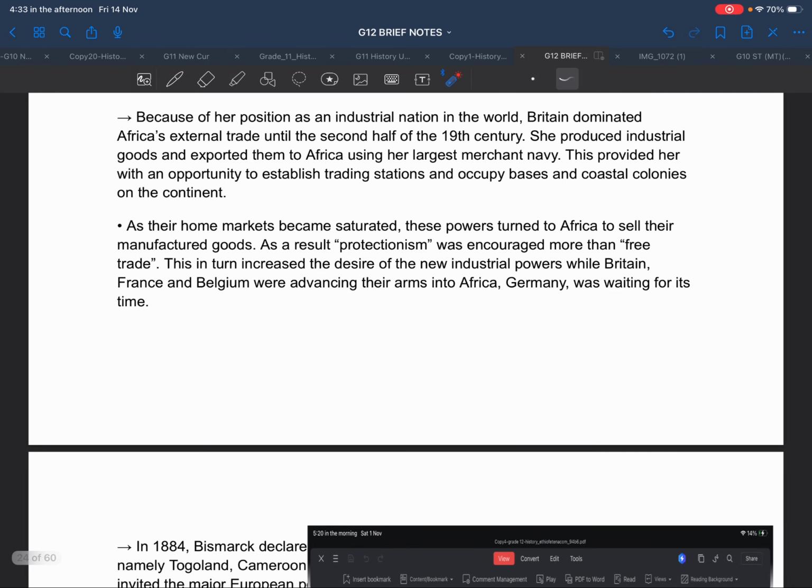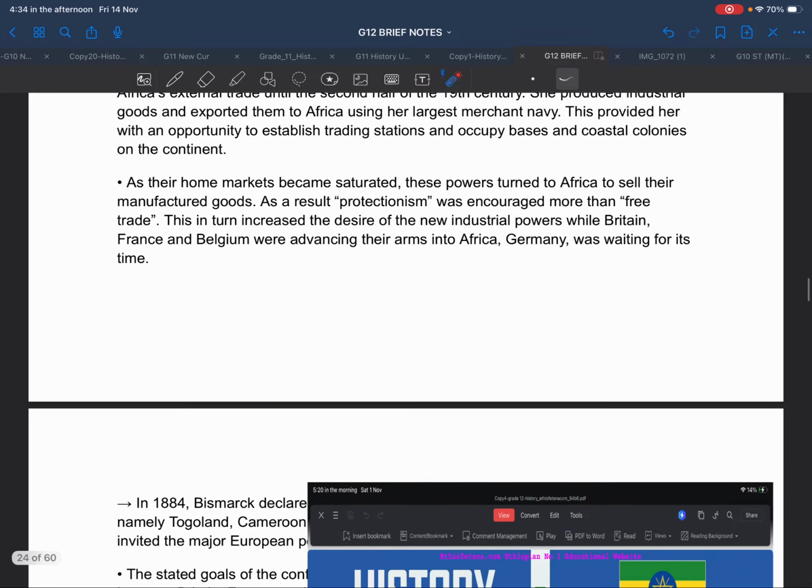Britain dominated Africa's external trade until the second half of the 19th century, meaning until the 1850s. She produced industrial goods and exported them to Africa using her largest merchant navy, right? This provided her with an opportunity to establish trading stations, occupy bases and coastal colonies on the continent.